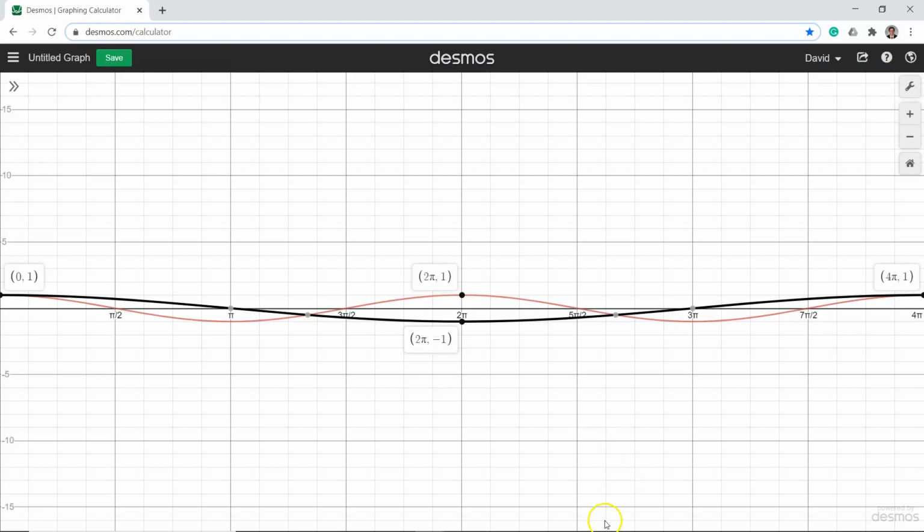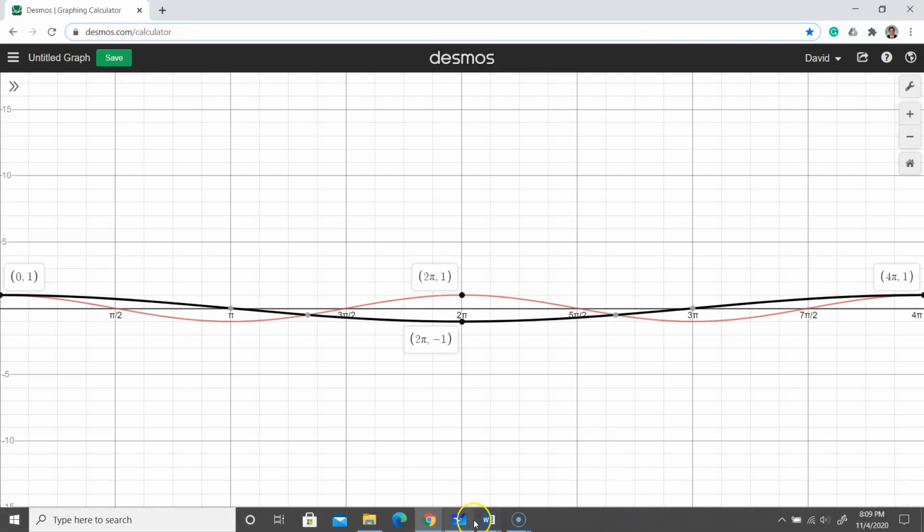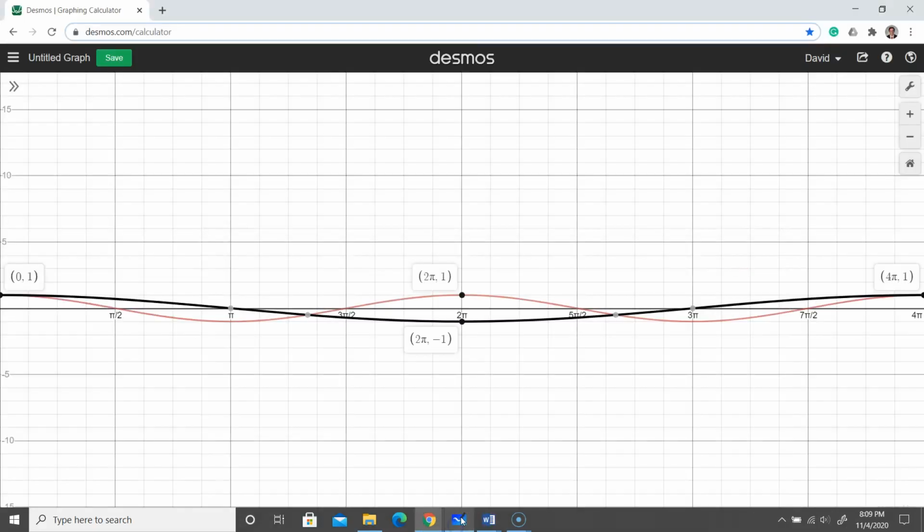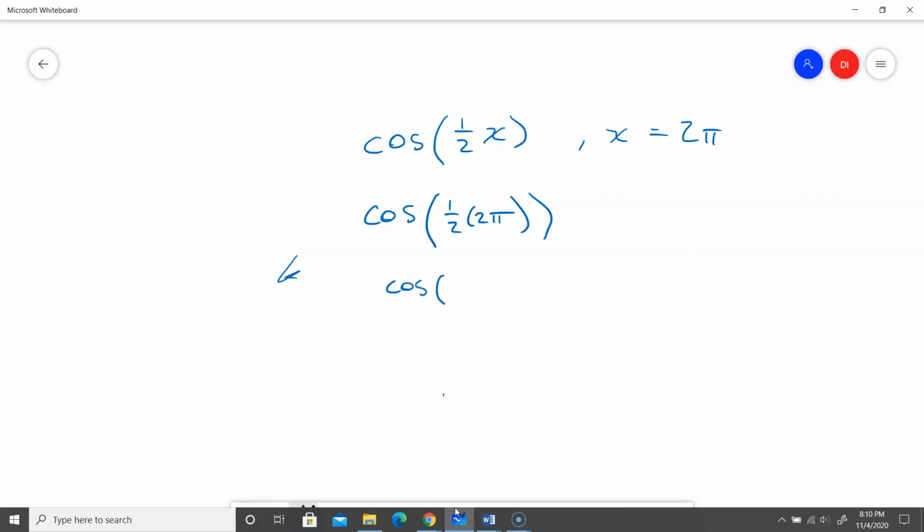And I hate talking without writing it down, so let me grab the whiteboard. So when you have x equal to 2 pi, and you plug it into this equation, what you get out of it is cosine of pi, which is actually -1.